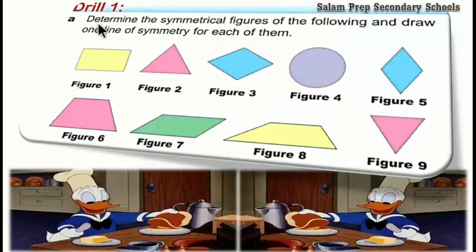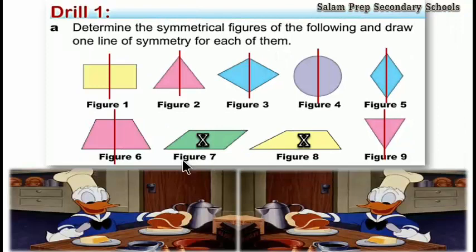Drill 1. Determine the symmetrical figures of the following and draw one line of symmetry for each of them. Figure 1, Figure 2, Figure 3, Figure 4, Figure 5, Figure 6, Figure 9.